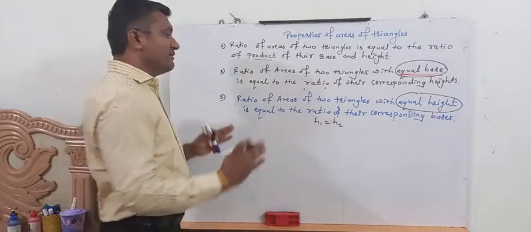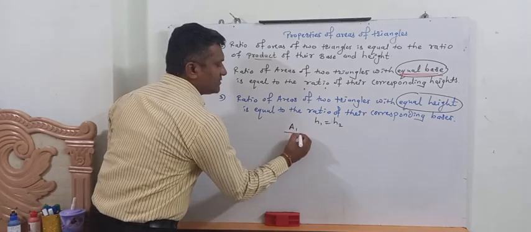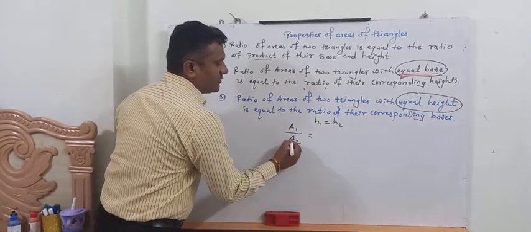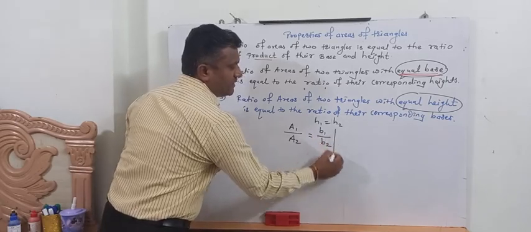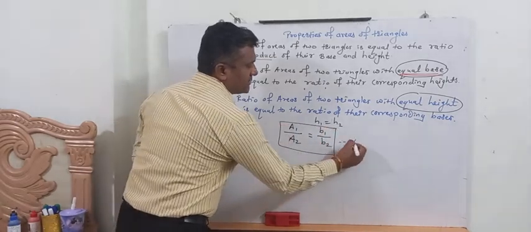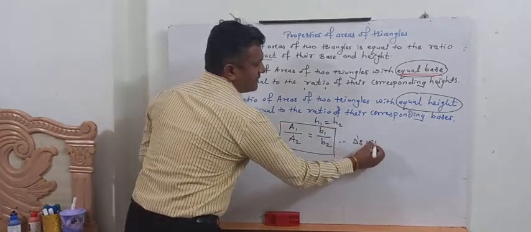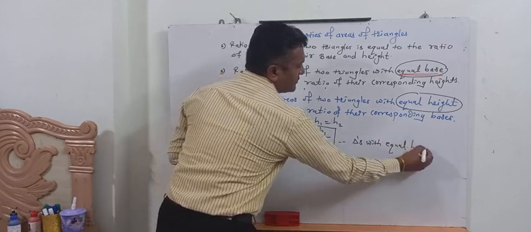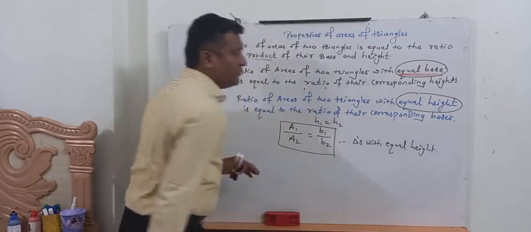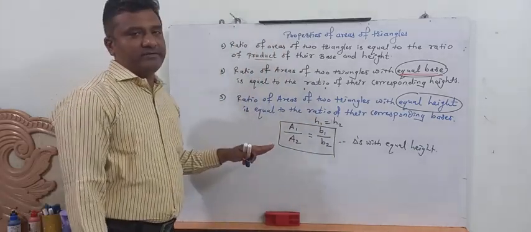So heights are equal. In that case, the ratio of these two triangles is equal to the ratio of their corresponding bases, that is B1 by B2. This property is called triangles with equal height. So you have to check it carefully. What is equal? Base or height.